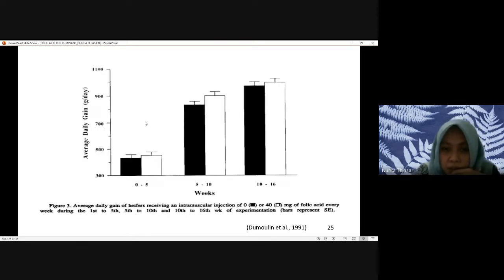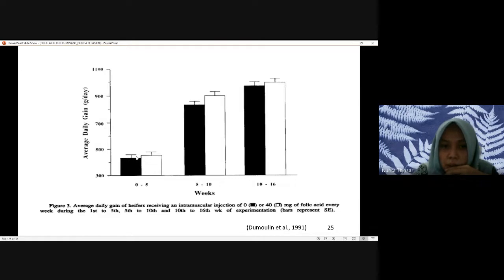So this is an early experiment from 1991. They showed the folic acid is given by intramuscular injection. The black one is without the injection of folic acid, and the white one is with the injection of folic acid.